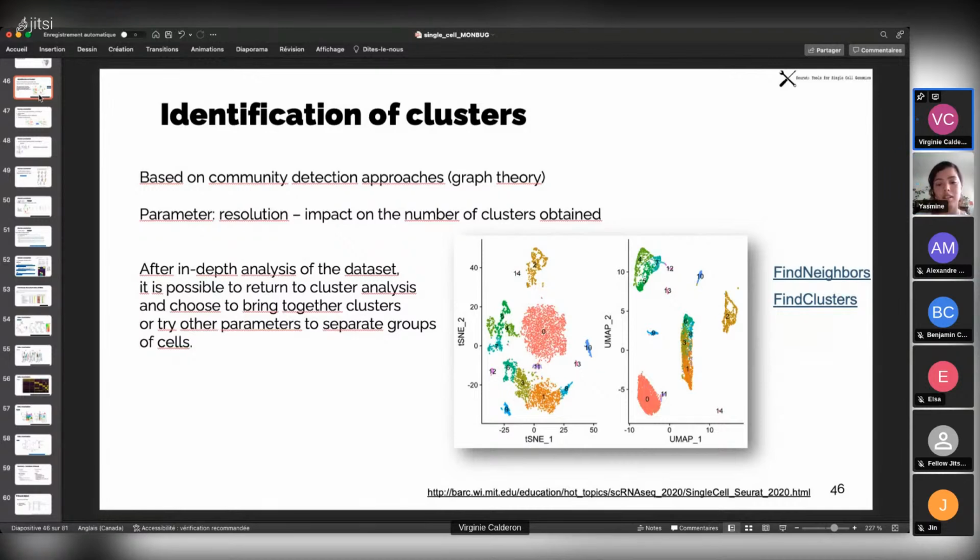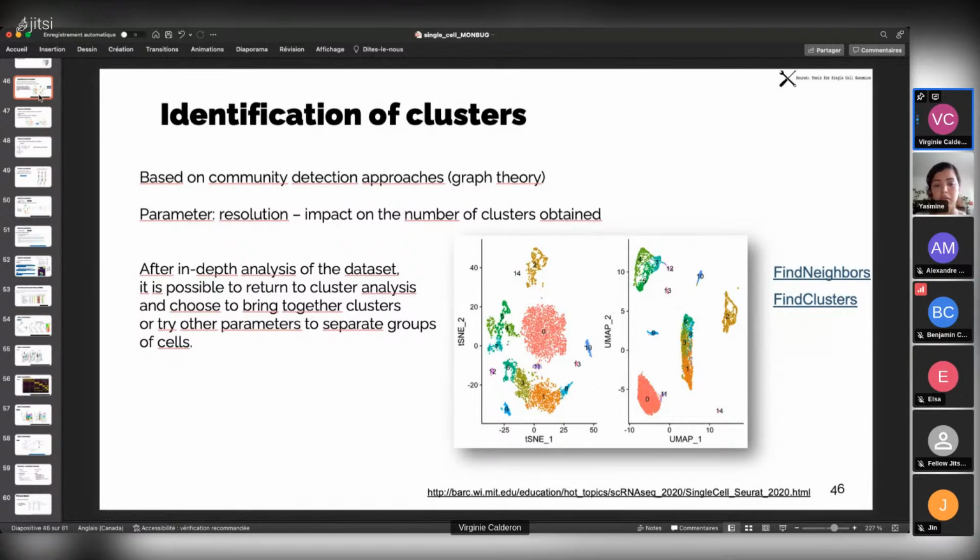Yeah, it's based on the visualization. Usually you start with the default resolution value, and if you increase the resolution and you see that you don't get more clusters, you can say the community detection is working well. It's not because I'm increasing the resolution that I will have more clusters. If the data are strongly connected, it will not divide easily.